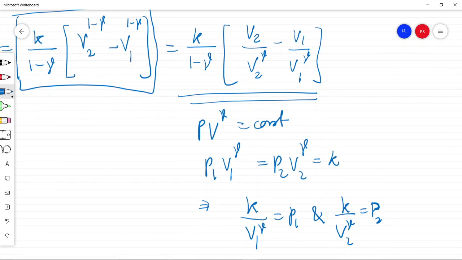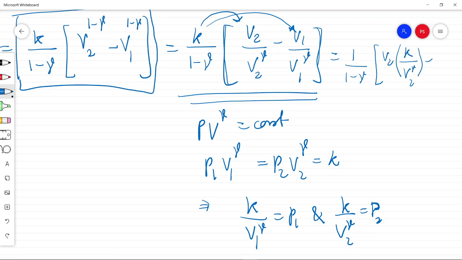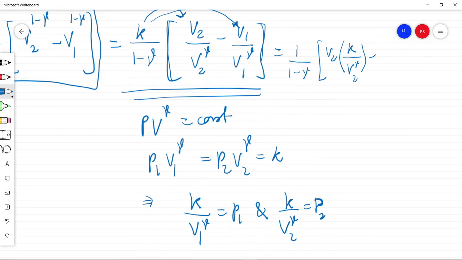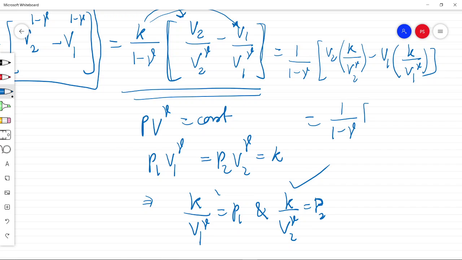So just look at this equation. This K appears here as well and here as well if we put it inside these square brackets. So this is just 1 upon 1 minus gamma, V2 into K by V2 raised to gamma minus V1 into K by V1 raised to gamma. So let us use these relations to get 1 upon 1 minus gamma, V2 into P2 minus V1 into P1.